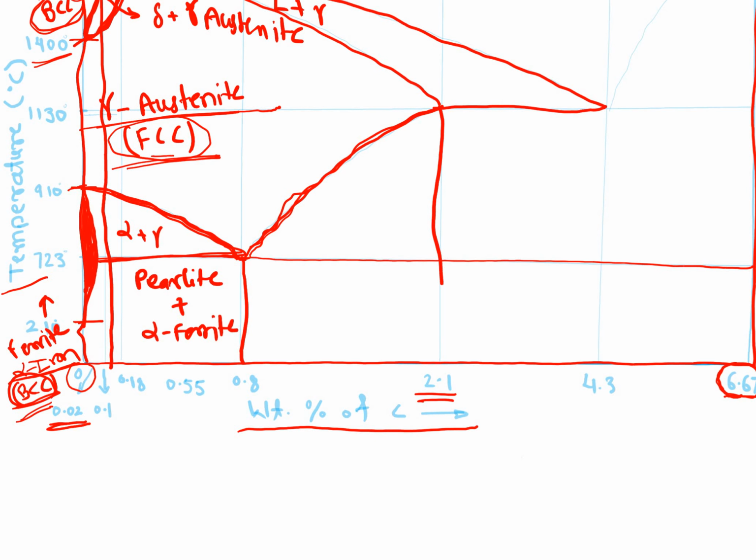This region will be perlite plus cementite.